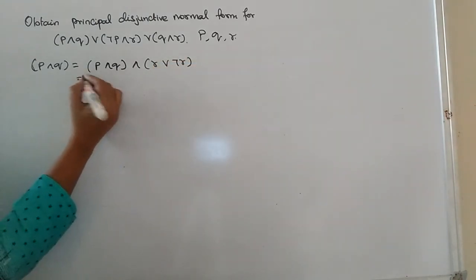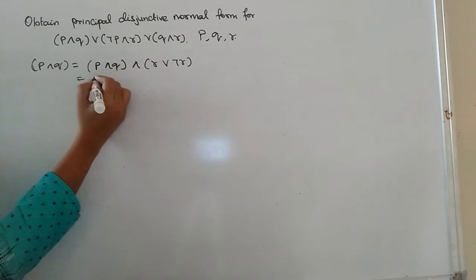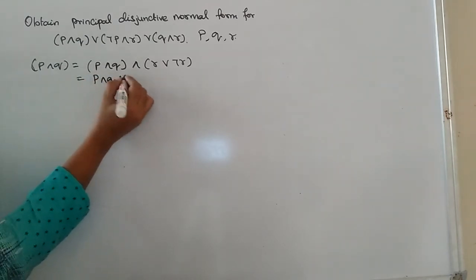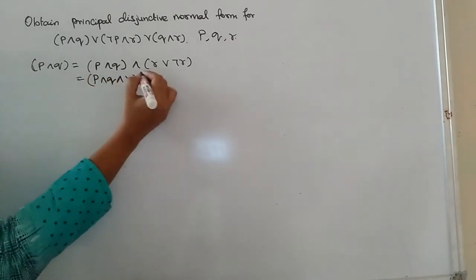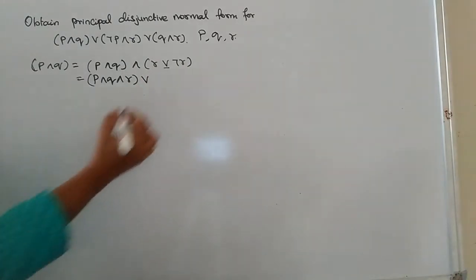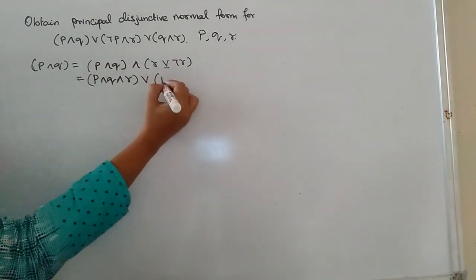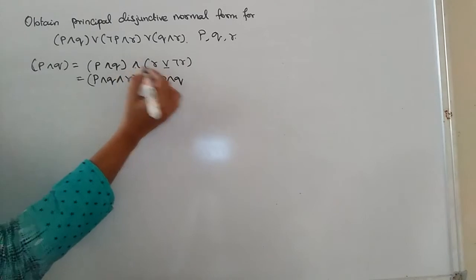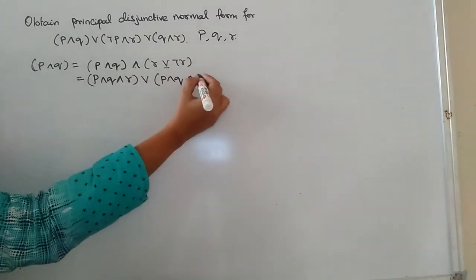So we can rewrite it as P and Q and R as one term, and then P and Q and negate R.